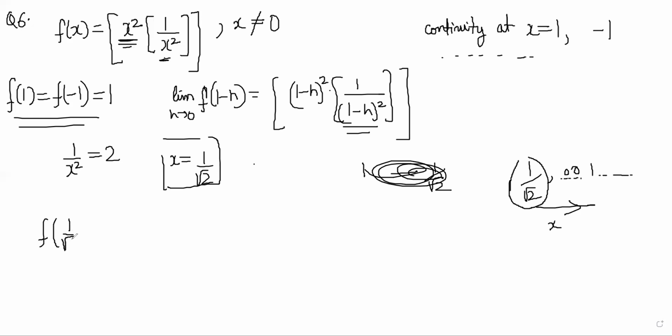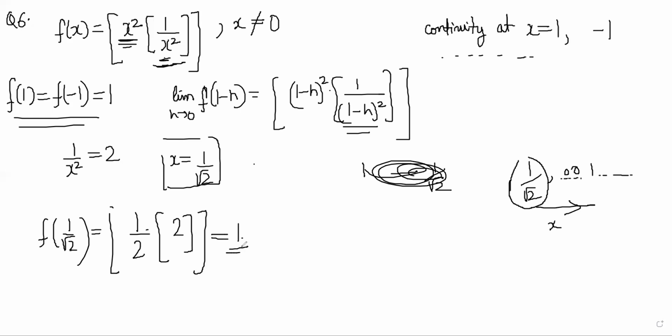Check once. Because this GIF, 1 by √2, it might be different. 1 by 2 and GIF of 1 by 1 by 2, it is 1, right? So GIF is 1, and just above 1 by √2, this value will become just below half, right?